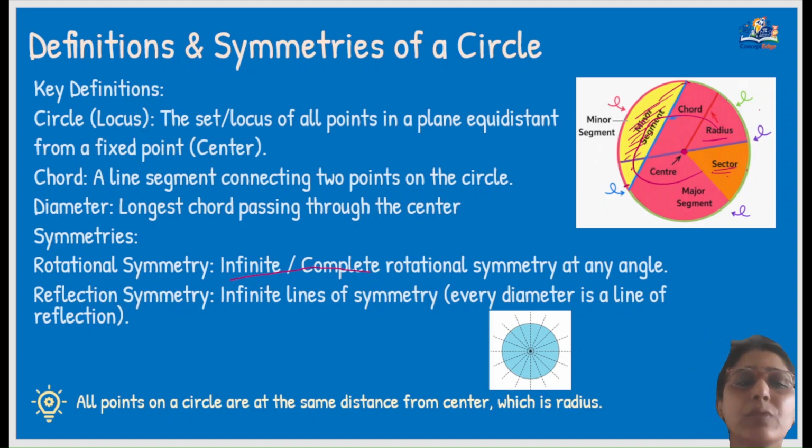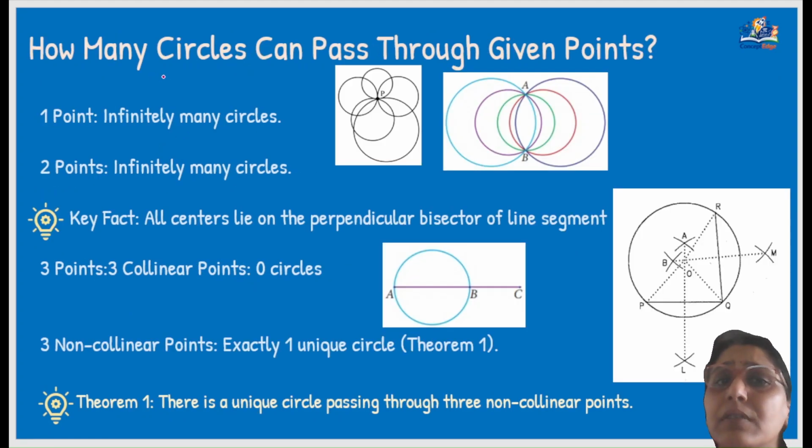Now coming to a very important concept again. I can draw infinitely many circles of different sizes through a given point in a plane. If you see here, the point P is given, and I can draw many circles through it.